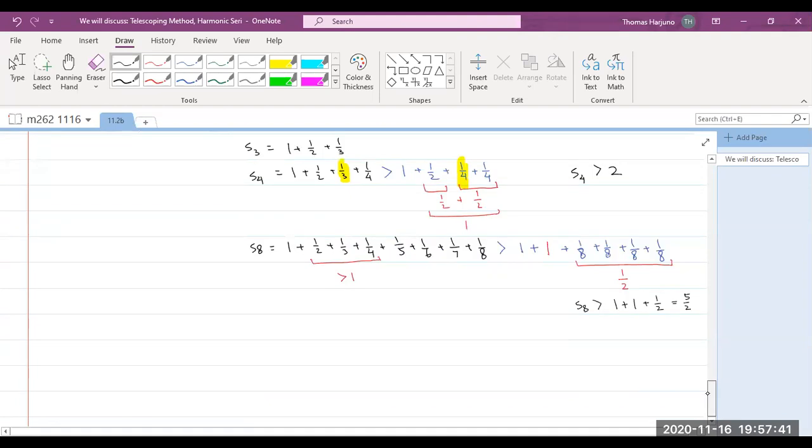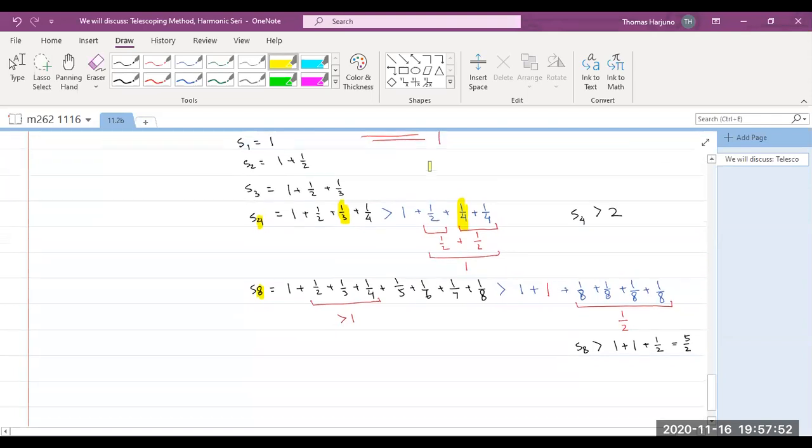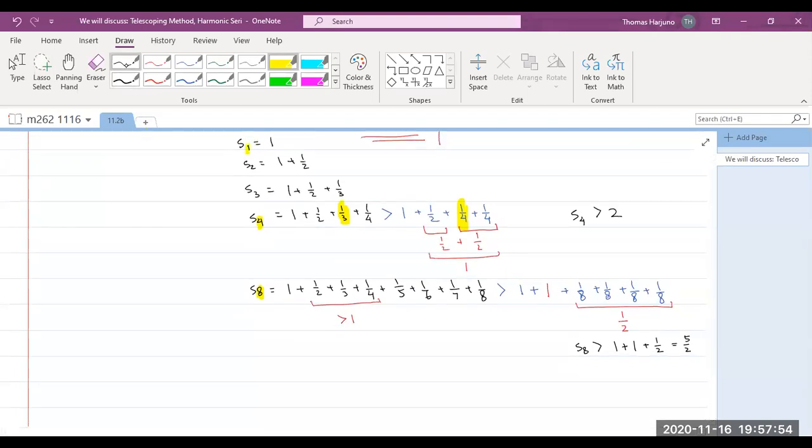Now, if you go further with this pattern, you will see that as long as the term is 2 to some power, the 2 to the nth partial sum will be greater than 1 plus n over 2.